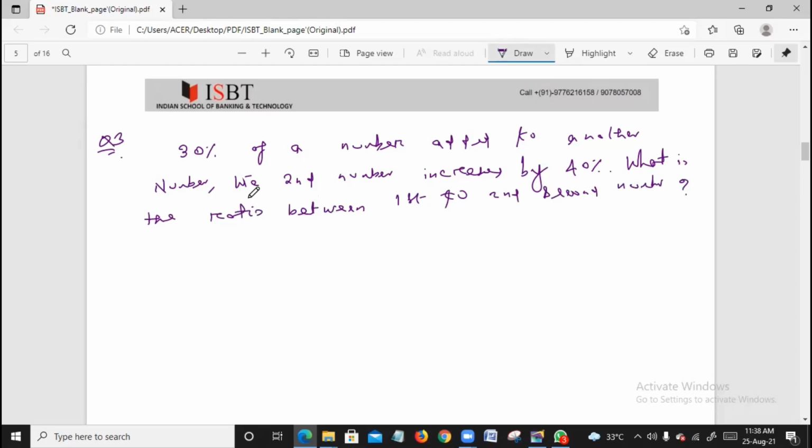Okay. Question is 30% of a number added to another number. पहला नंबर सेकंड नंबर में ऐड हो गया तो इसलिए सेकंड नंबर को बढ़त हुआ. सेकंड नंबर इंक्रीजेस बाय 40% बढ़ गया. तो व्हाट इज द रेशियो बिटवीन फर्स्ट number to second number?